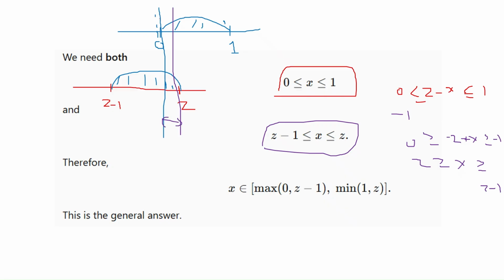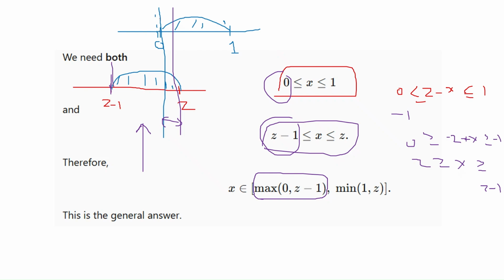Now, how do we write this in terms of z? So take the first part. We have 0 here, and we have z minus 1 here. The starting point would be the maximum of these two. So if you see in the example we saw here, our 0 was further ahead of z minus 1.